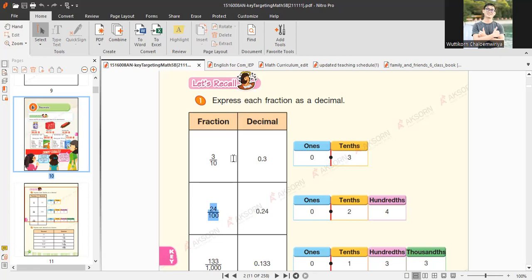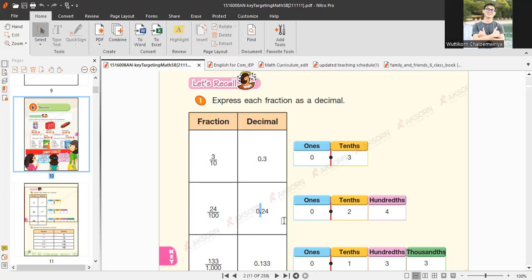Do you remember the point as I told you? Look at this decimal. Look at the point of the decimal. How many digits do you see on the right side of the dot? Yeah, exactly. 2 digits, or 24.